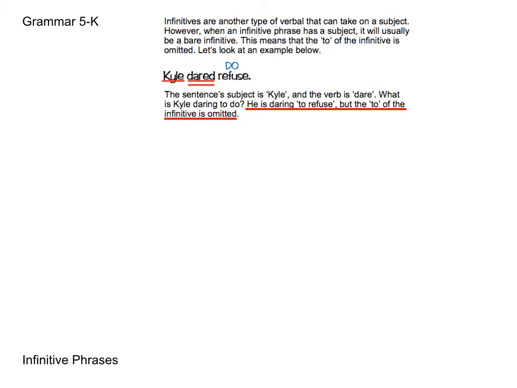Now let's look at an example with a subject. So, I let her play. Once again, we have found our subject and our verb, and we have the two words after that, her play. Now, notice that play is a bare infinitive. It's not the main verb, but it is a part of the direct object.